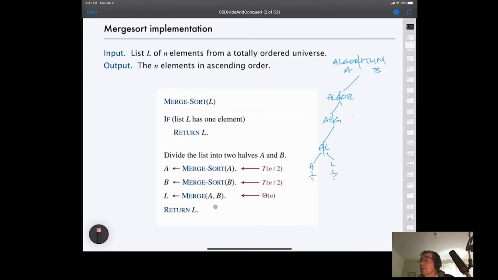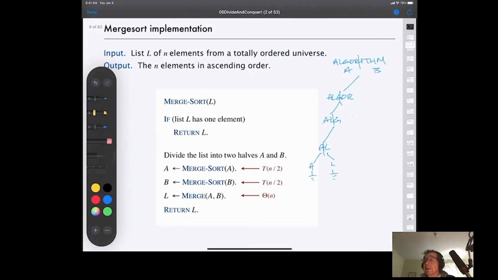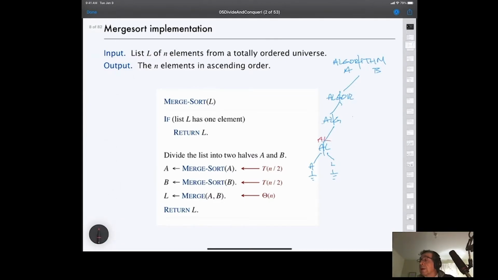Since A is smaller than L, I will write that in a different color. Then what we would return would be, again, A and L. In red, I am writing the sorted version. Since AL was already sorted, that's what we would return.